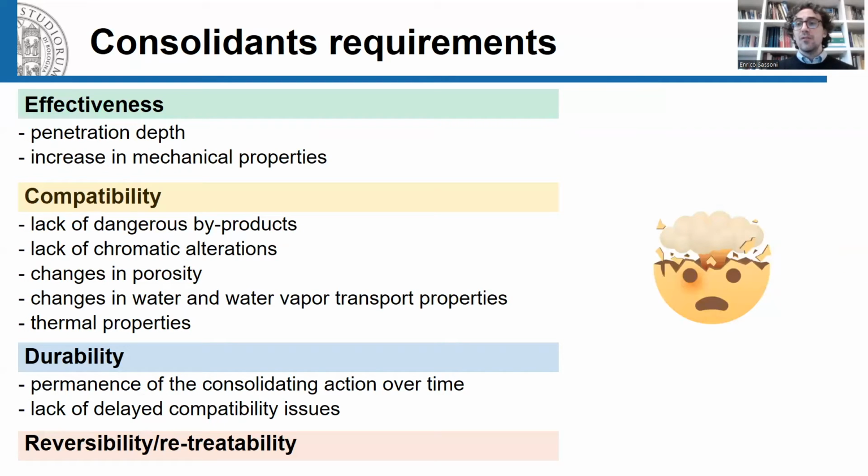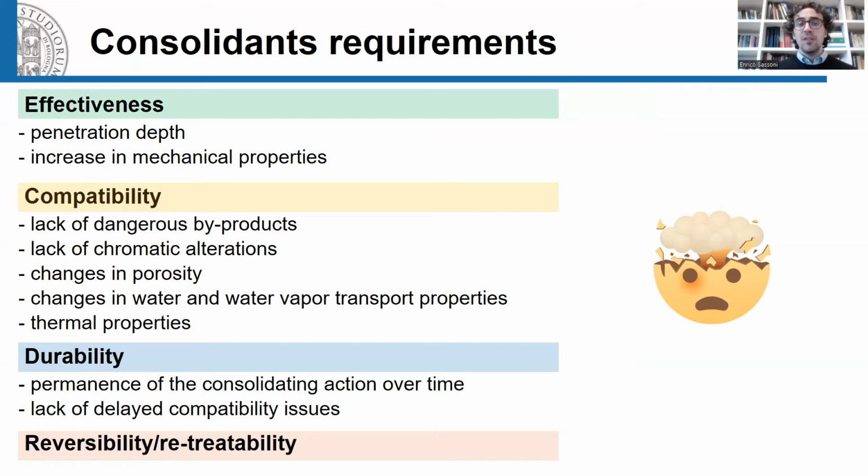And in a similar way, also changes in the water transport properties and exchange of water vapor between the stone and the environment should be as limited as possible. In a similar way, also the thermal properties of the treated part of the stone should be compatible, meaning similar to those of the untreated part of the stone, because any mismatch may result in the so-called delayed incompatibility, meaning in the medium-long term there could be issues of, again, compatibility leading to a failure of the durability of the treatment.